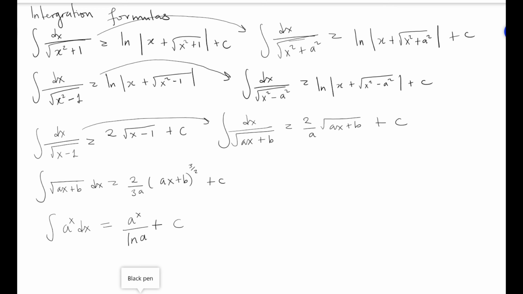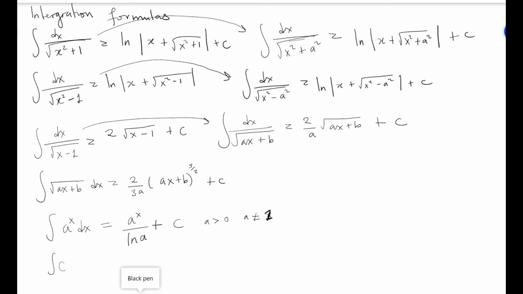However, we have a condition on this one: a should be greater than 0 and a should not be equal to 1. The reason why a should not be equal to 1 is because ln of 1 will give us 0 and this will be undefined. So a should not be equal to 1 and a should always be greater than 0.